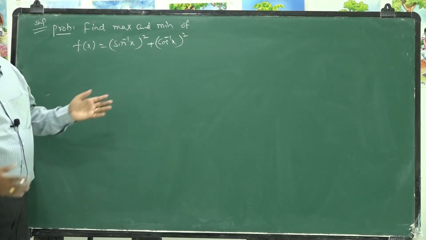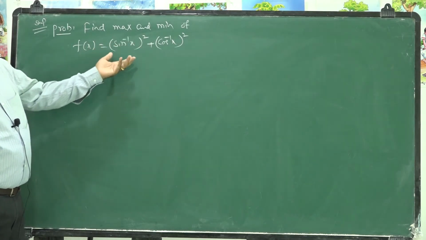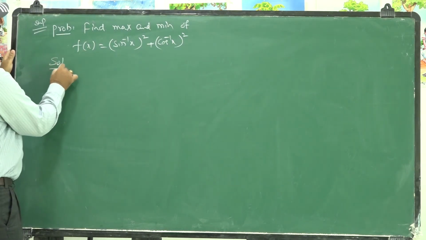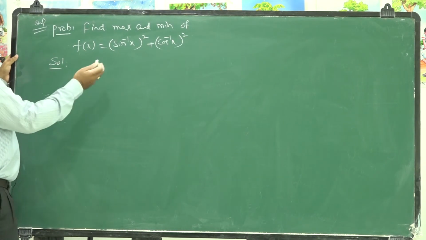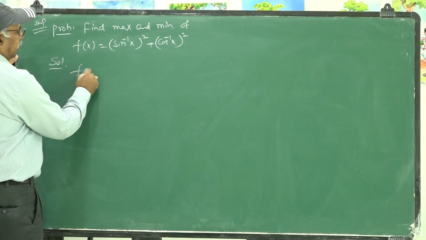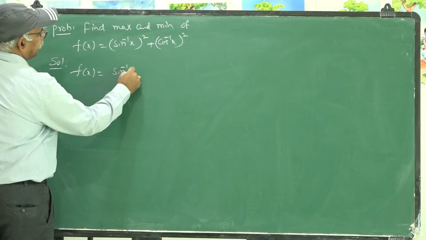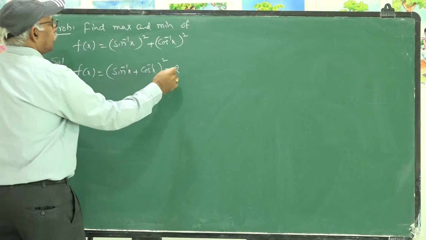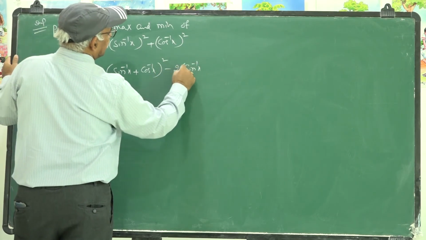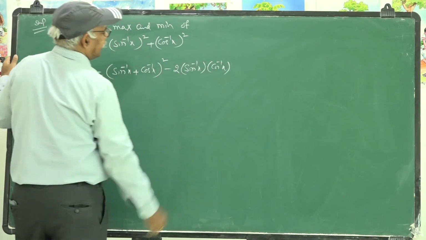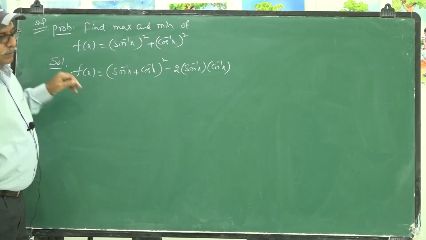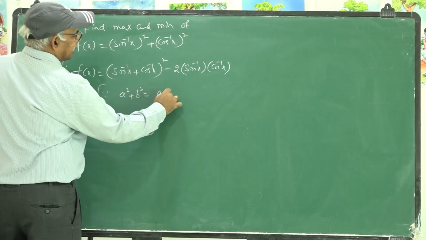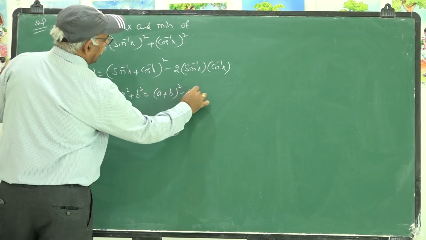Of course, where x lies between minus 1 and 1, because the function is defined for x lying between minus 1 and 1. To get the maximum and minimum value of the function, modify the function like this: whole square minus 2 into sin inverse x into cos inverse x, because a square plus b square may be written as (a plus b) whole square minus 2ab.